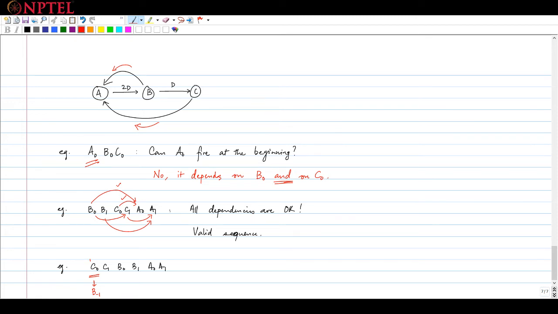So it's perfectly okay. What about C1? This depends on B0. Right? And because B0 happens only after C1, I've effectively had a dependency violation at this point. Okay?